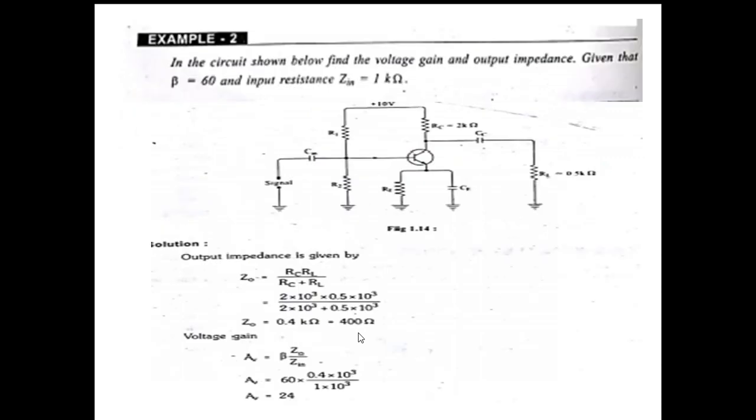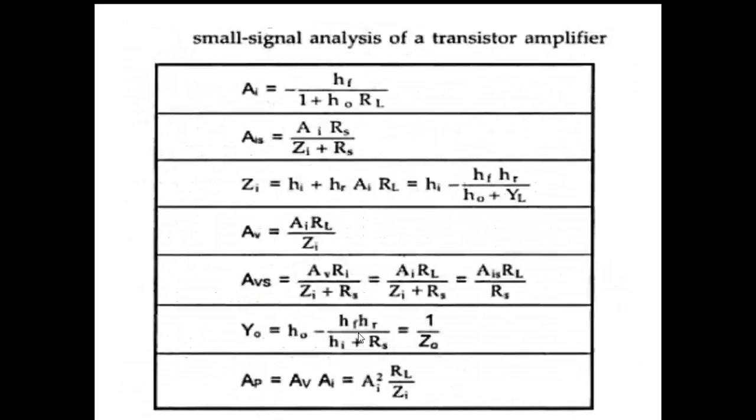Okay, here these equations are: current gain equation is AI is equal to minus HFE by 1 plus HOE ZL, or RL, where RL is the external load resistance. So this is AI is equal to minus HFE by 1 plus HOE RL, where HFE is the forward current gain, HOE is the output admittance, ZL is the load resistance.